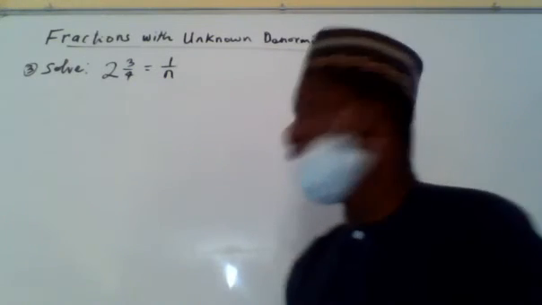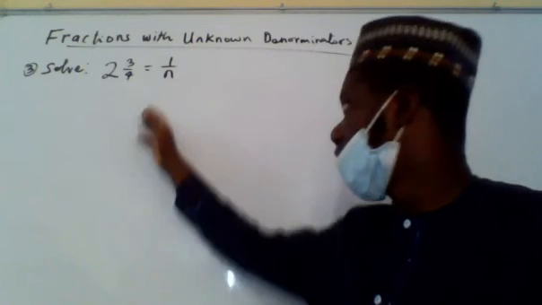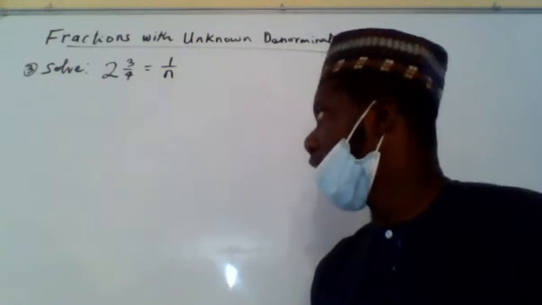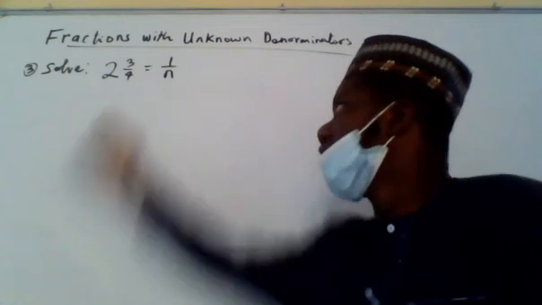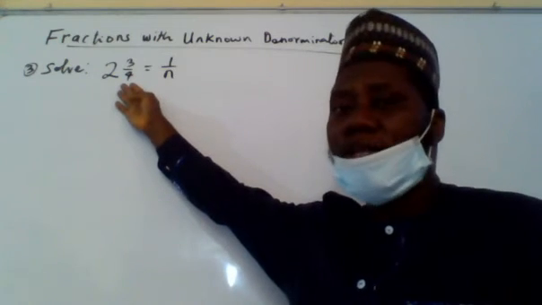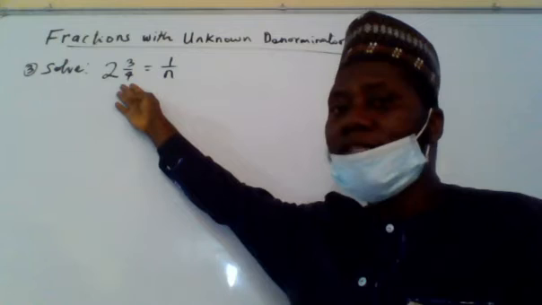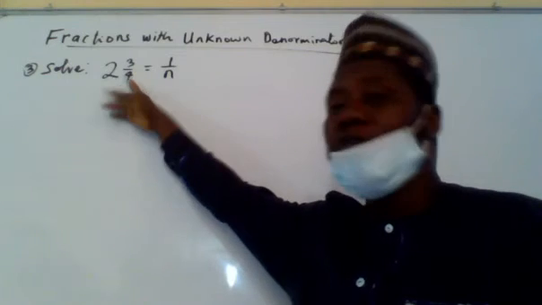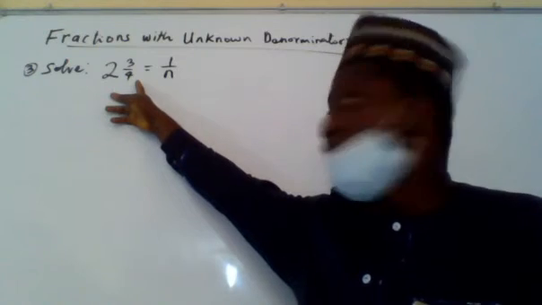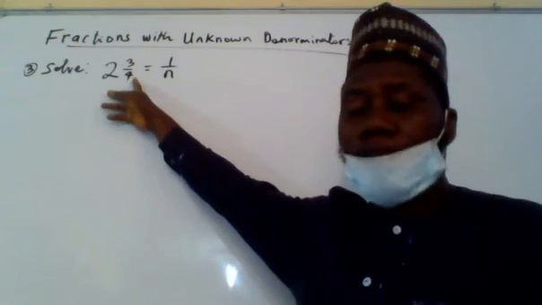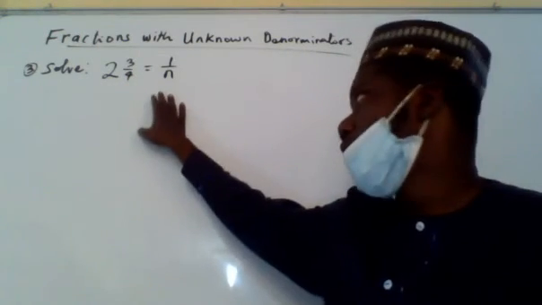This is example 3. It is exactly like the example 2 we just finished solving. You can see that we still have a mixed fraction here. And don't forget what I asked you to do when you have a mixed fraction. You have to convert this one to an improper fraction for you to continue the solution.